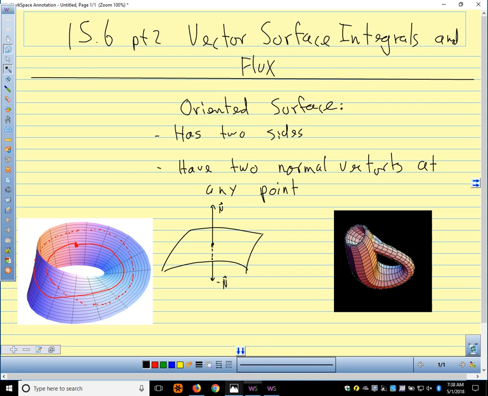So if you trace a line around here, you end up being able to go inside the bottle and come back to the same point without crossing an edge. This is a Klein bottle.